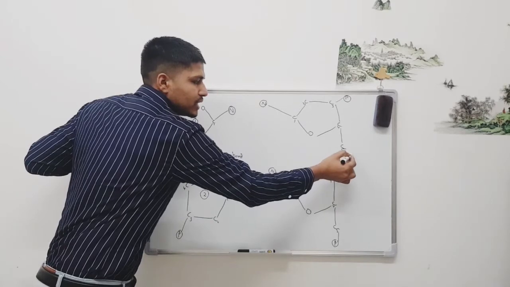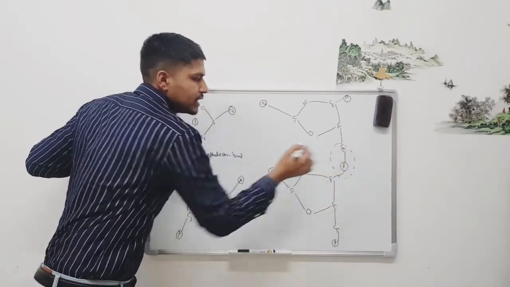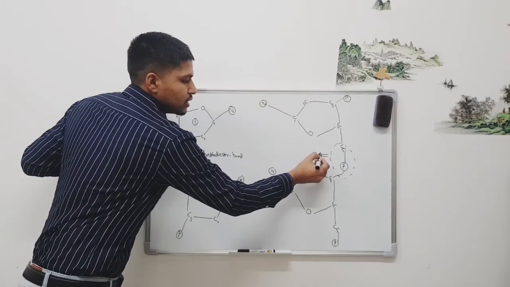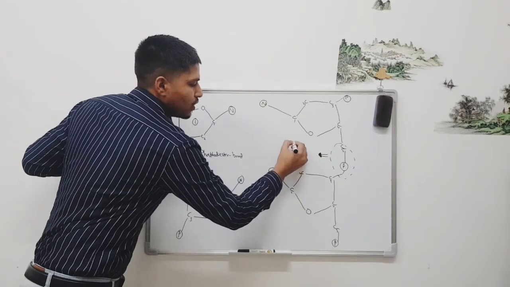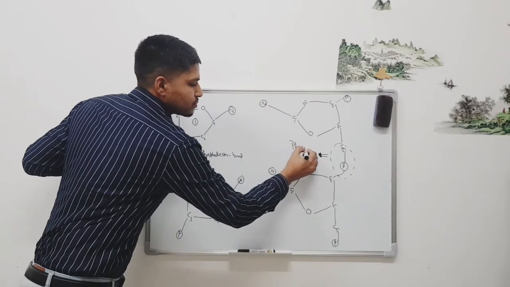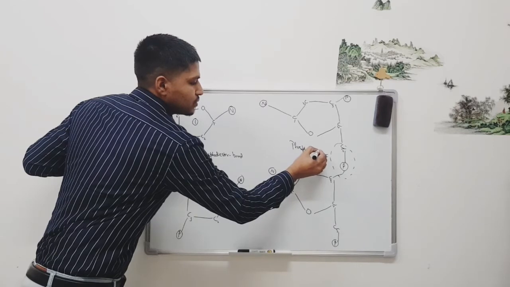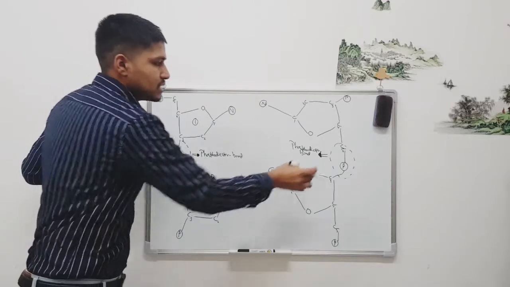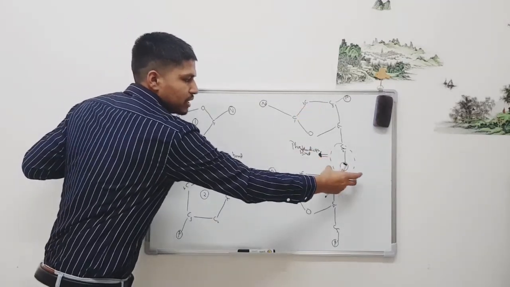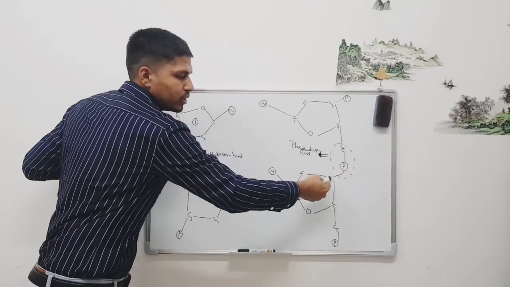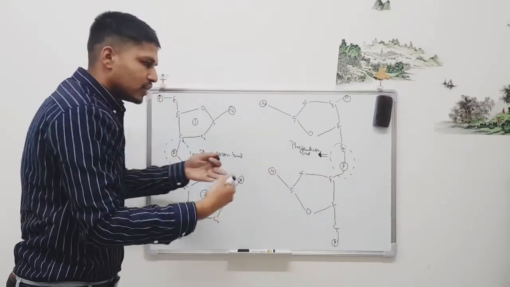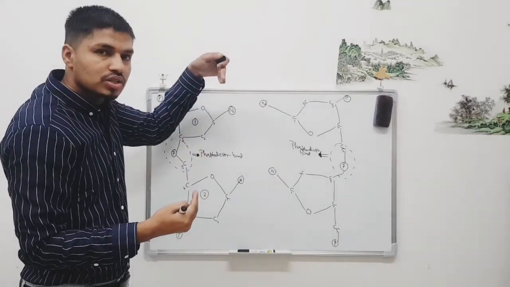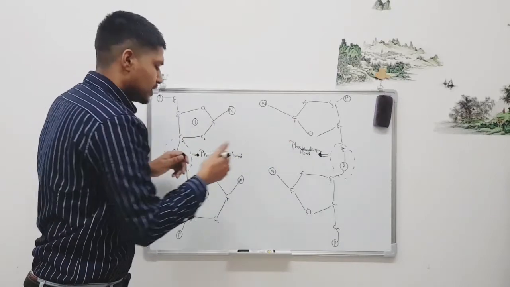When they link together, they also make a phosphodiester bond, or phosphodiester linkage. So when the carbon number 5 phosphate and carbon number 3 attach with each other, the two nucleotides get attached, and in this way you can make a long strand for the DNA molecule.